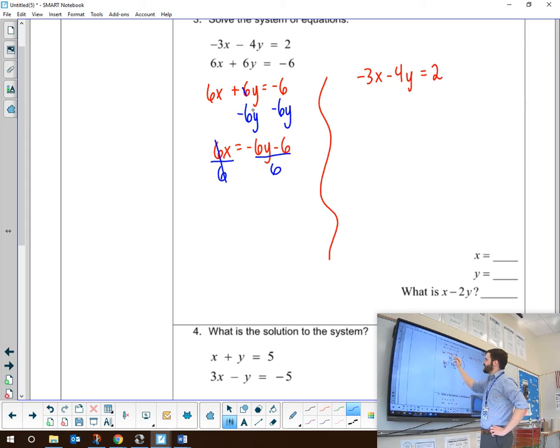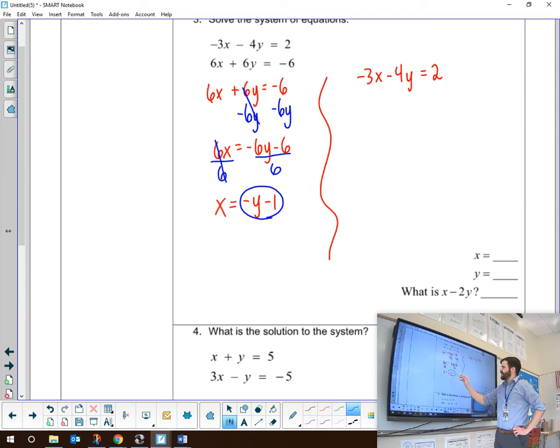That's going to cancel just like these canceled up here. And I'm going to get x equals negative 6 divided by 6 is a negative 1, so I have negative y, and negative 6 divided by 6 is a negative 1. So I have negative y minus 1 is what x equals.